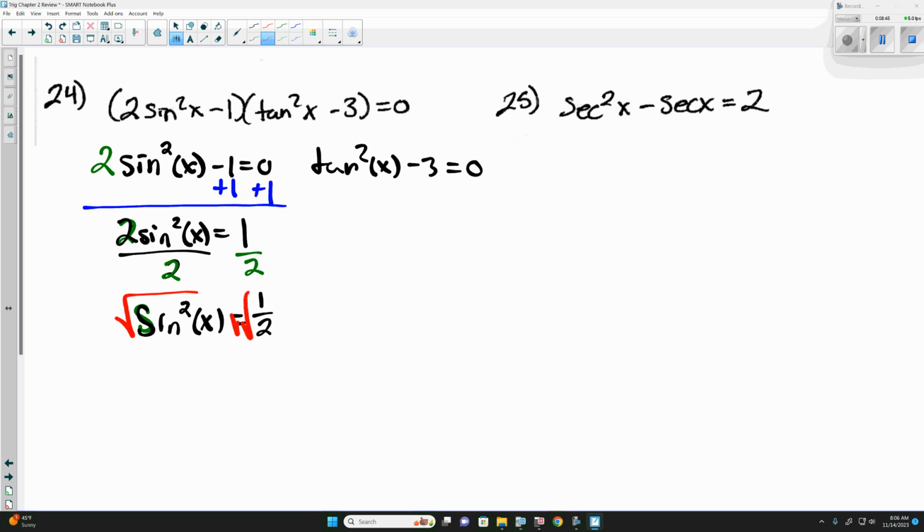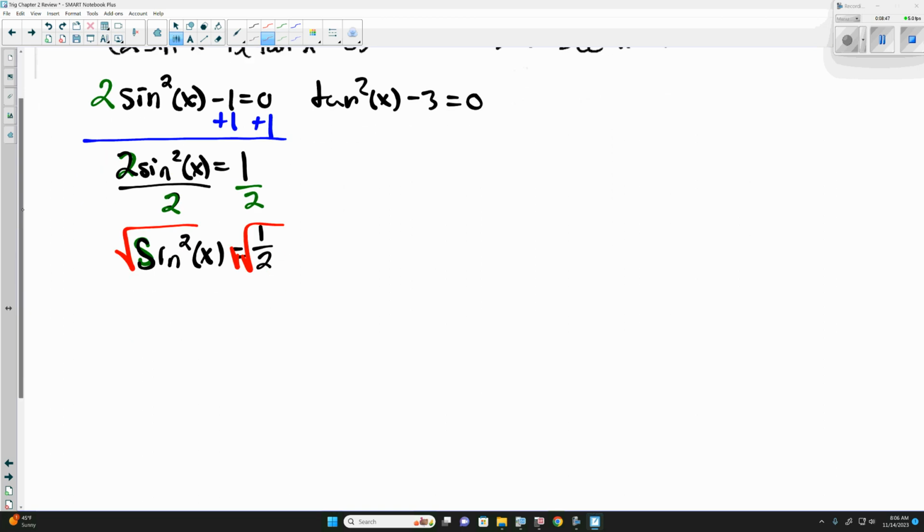Square root both sides. Square root of sine squared of x is just sine of x. Whenever we take the square root of both sides, we add the plus or minus. Since we do have a fraction inside the radical, plug it in.